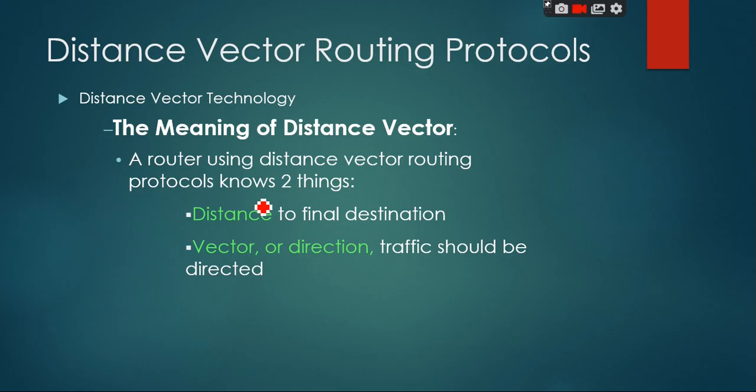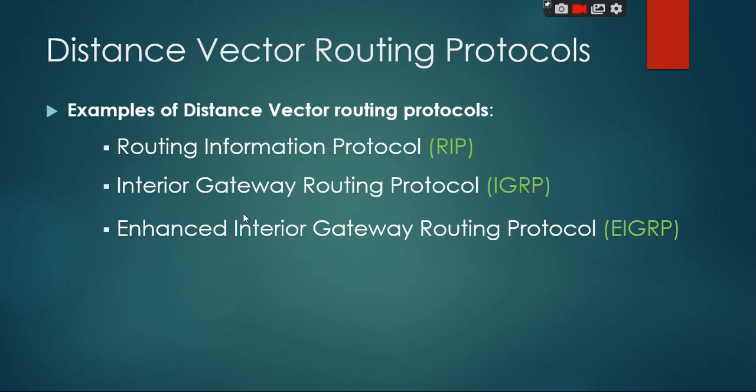So distance vector routing protocols basically talk about two things: where should I send data and in which direction should I send data. These are the two things that routers are worried about. We are talking about four main routing protocols to be exact. RIP, which stands for Routing Information Protocol.